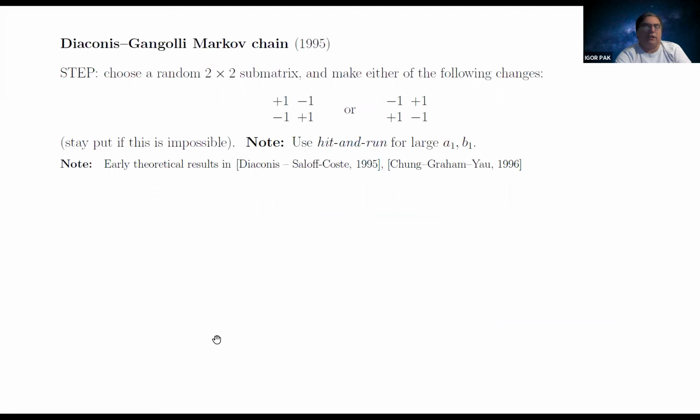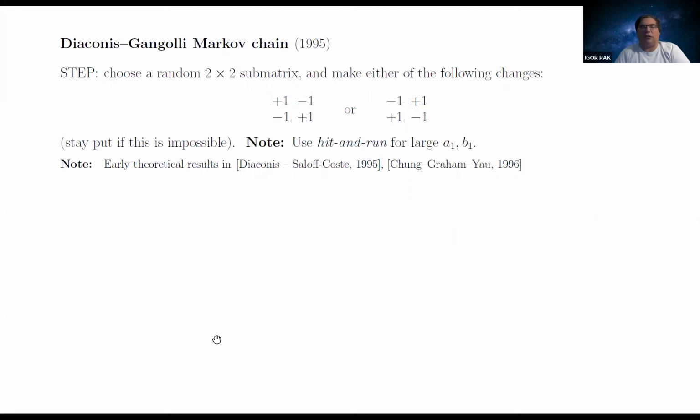And the way it works is the following. So here is the Diaconis-Gangolli Markov chain, the sort of classical approach to the subject. What you do is you take a matrix, you choose two rows and two columns, and then flip a coin and try to add 1 or subtract 1 if you can. That's all there is. And it turns out that this works relatively okay.